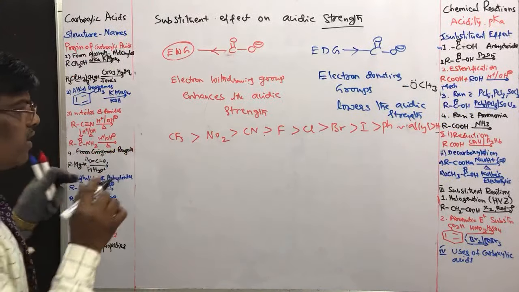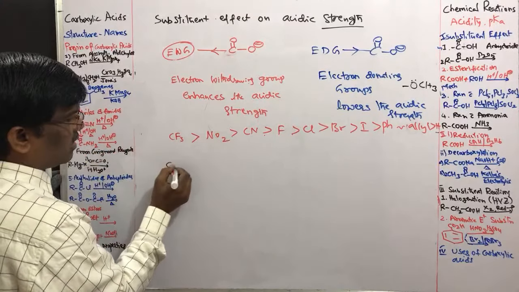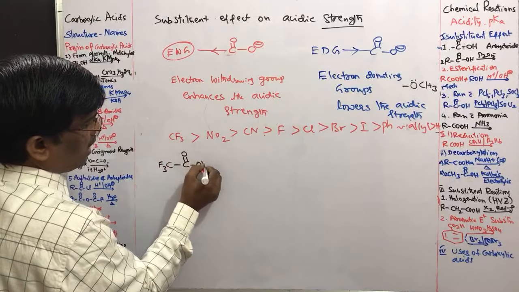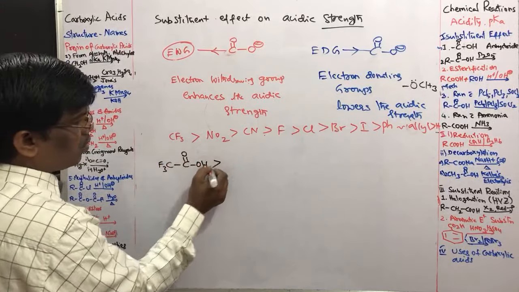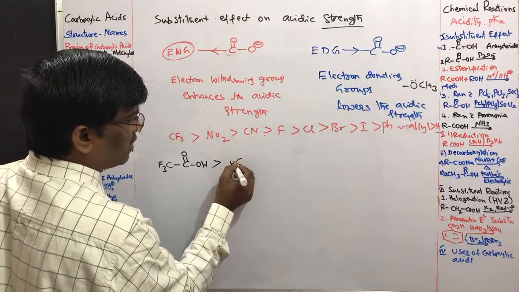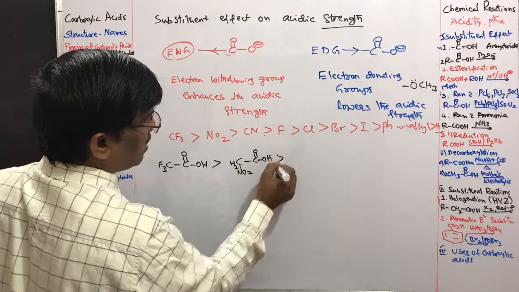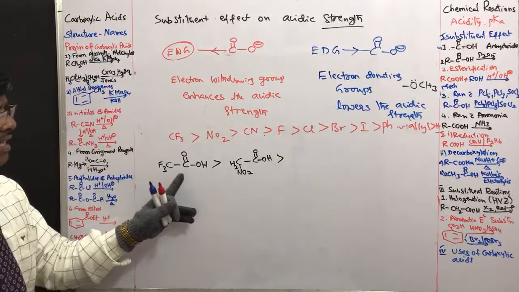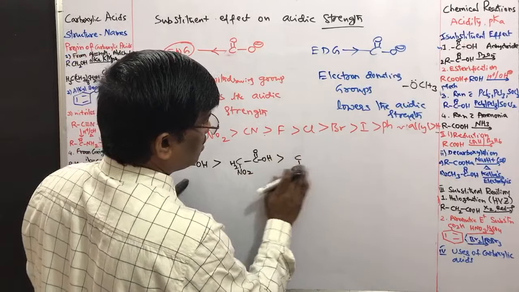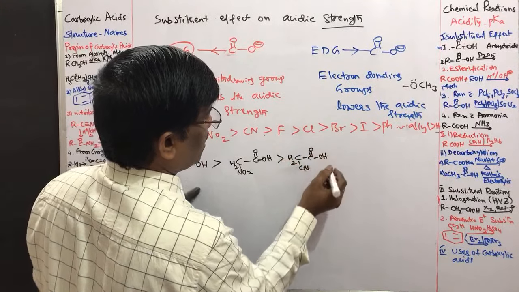So if I take one simple acid, CF3, same acid, COOH, trifluoroacetic acid is the strongest acid. Please write this down, you don't have this in your textbooks. Then nitroacetic acid. Among these two, which is stronger? This is stronger, followed by cyanoacetic acid. Same example I am writing, students.